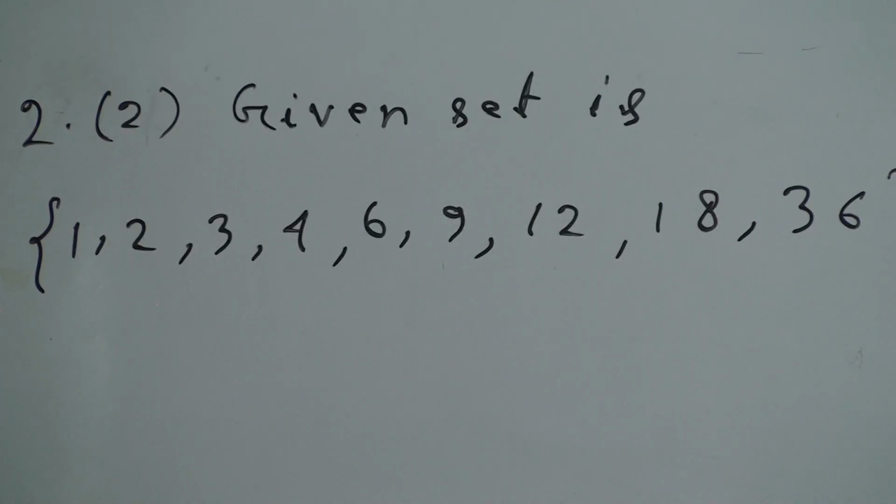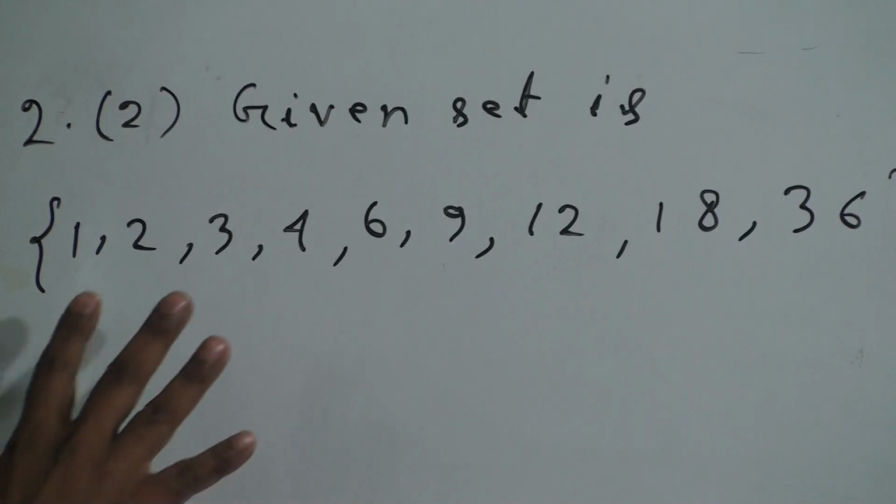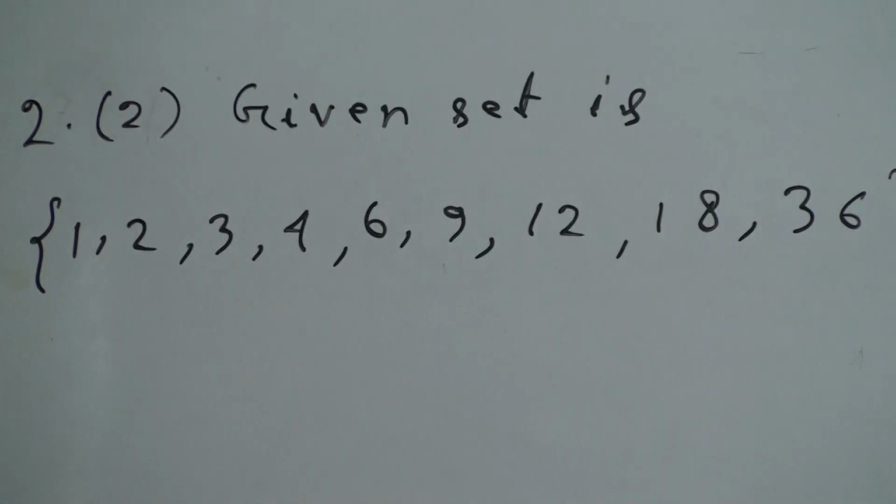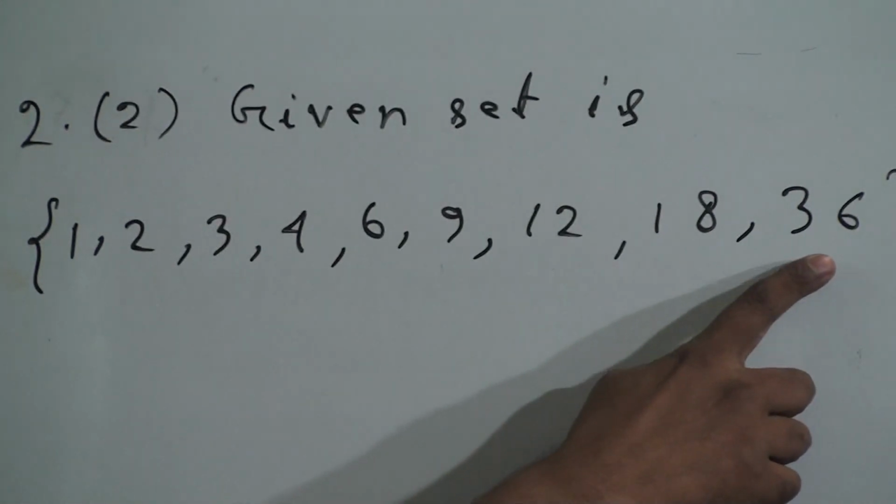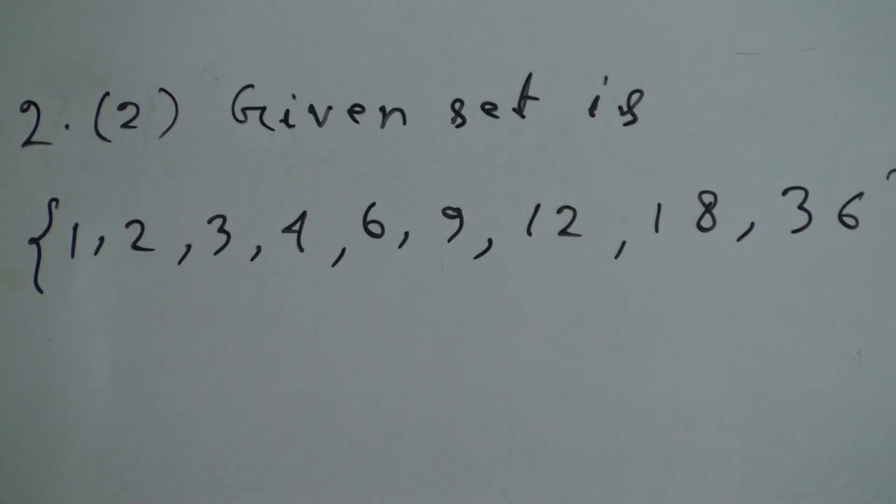Dear students, if you observe, all of the elements of this set come from the set of natural numbers and all of the elements are the factors of 36. If we divide 36 by all of these numbers, then the remainder will be 0.